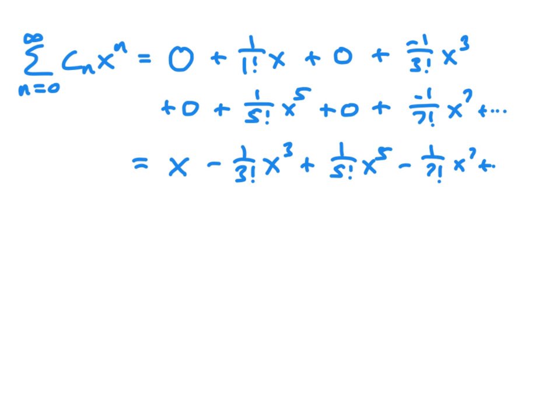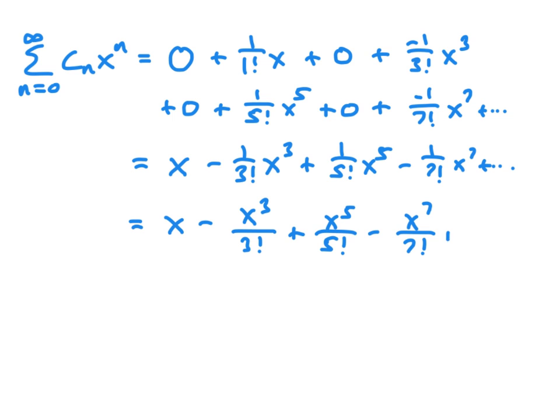And then that pattern continues on indefinitely. We can then, if we want, rewrite these again further as x minus x cubed over 3 factorial plus x to the 5th over 5 factorial minus x to the 7th over 7 factorial, and so on.